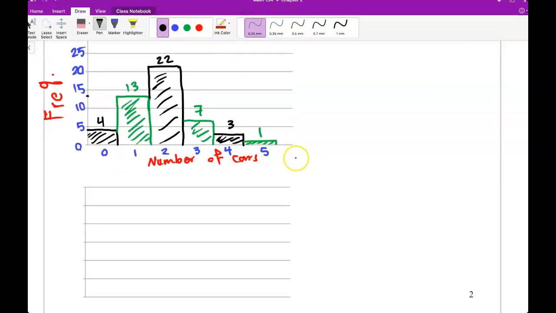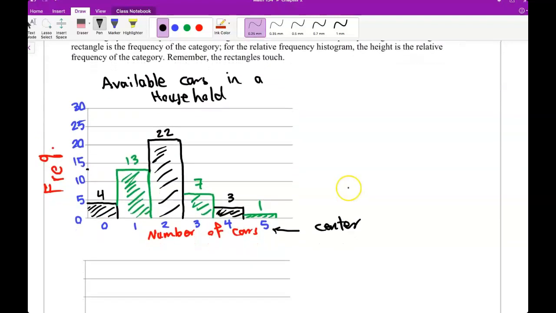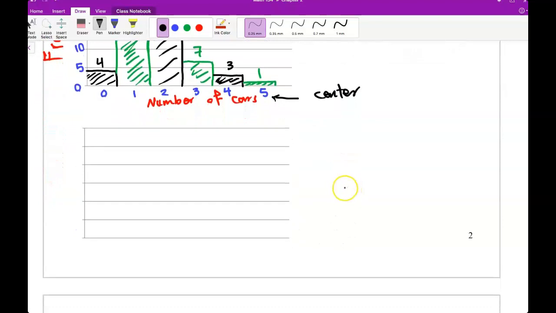So I want to keep these numbers in center of each rectangle. So this was for a frequency. Now the other one is for a relative frequency.